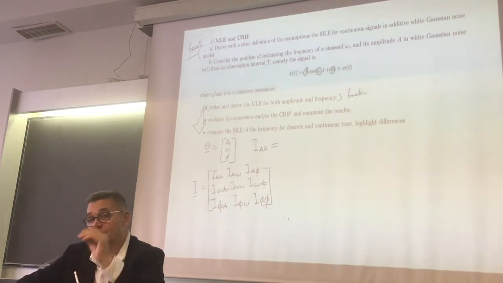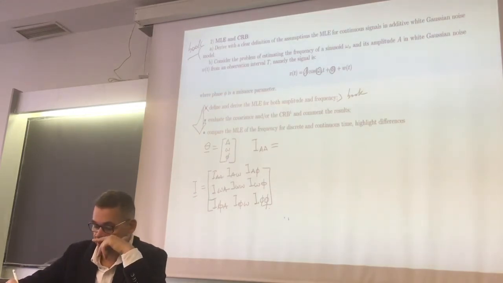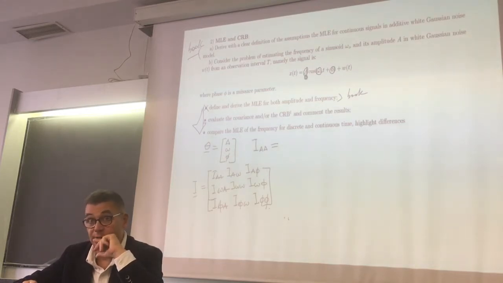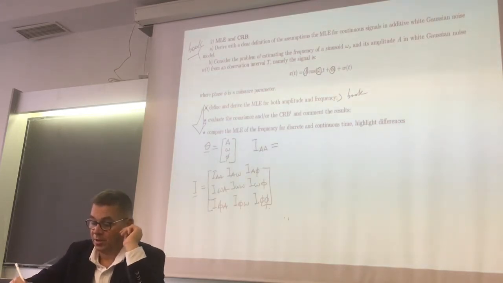The Fisher information matrix is obtained by taking the model and calculating the derivative of the model with respect to the parameters.